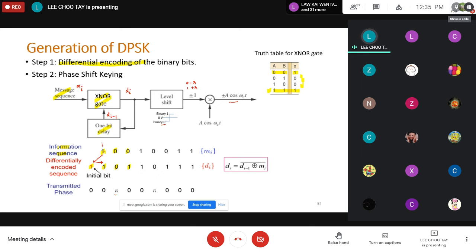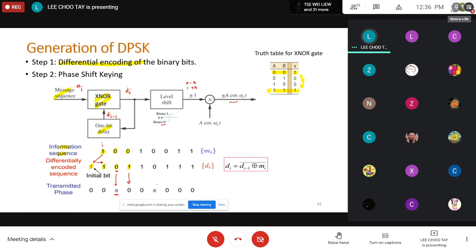That means we actually have a phase shift of pi radian, which is 180 degrees. So 0, I transmit with a 180 degree phase shift. This is my differential coded sequence, and I use this one to multiply with the cosine wave. So for 0 the transmitted phase will be pi, and for 1 the transmitted phase will be 0.